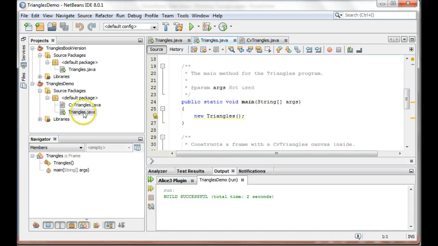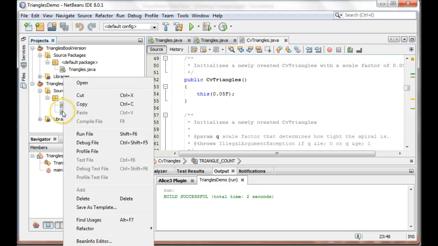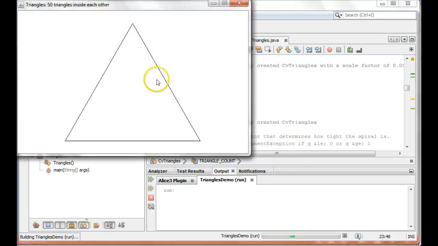So we need to run off of our triangles class. I'm going to go over here to the triangles.java. It even says it contains the main class. I'll right click on it, or maybe control click if you're on a Mac, and then say run file. And it just has the one triangle because I changed my triangle count to just be 1.